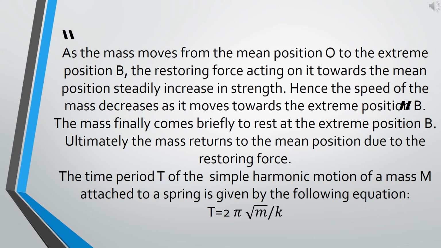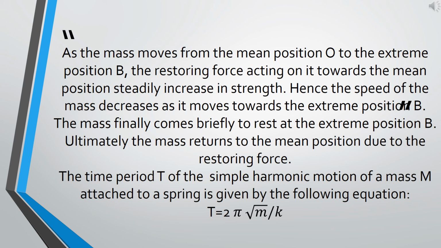Hence the speed of the mass decreases as it moves towards the extreme position B. The mass finally comes briefly to rest at the extreme position B. Ultimately, the mass returns to the mean position due to the restoring force. Finally the body will stop once the whole energy which we applied in the form of an external force has been used up.